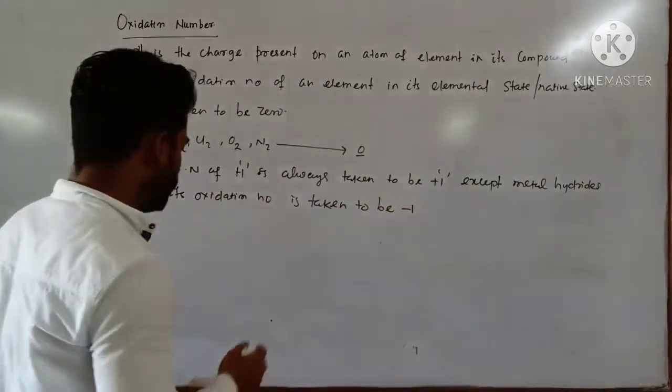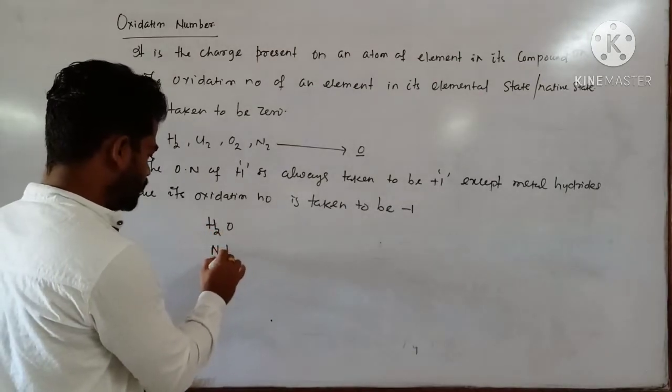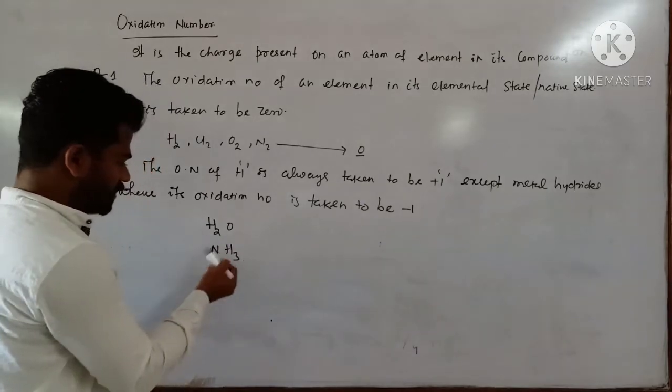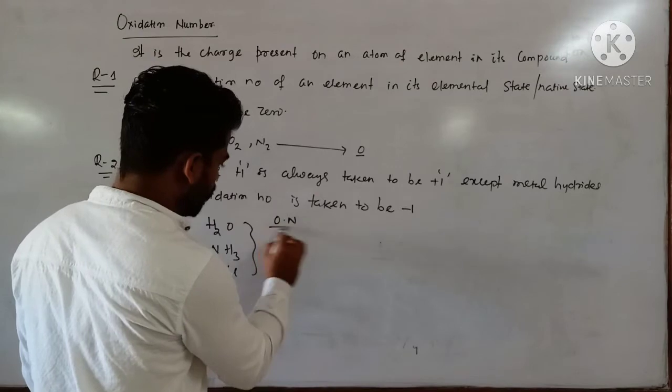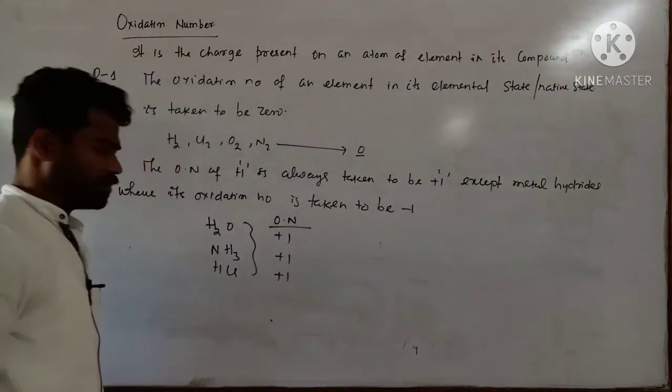For example, whenever it is combined with non-metals like H2O, NH3, HCl, in all these cases the oxidation number of hydrogen is +1, +1, +1.